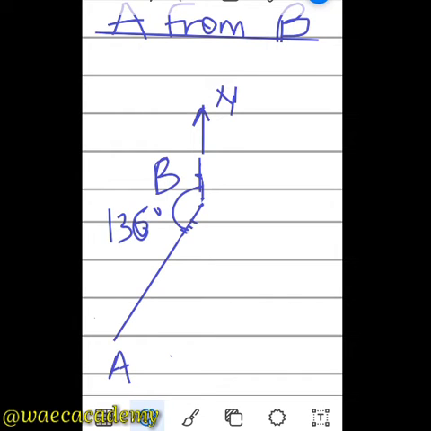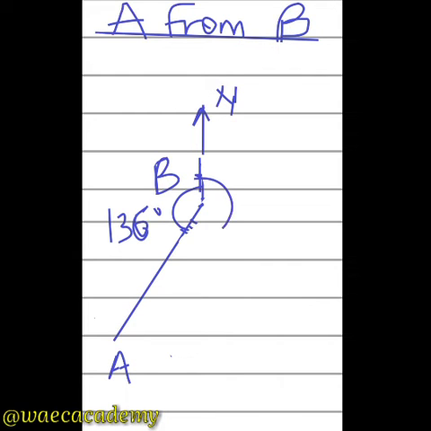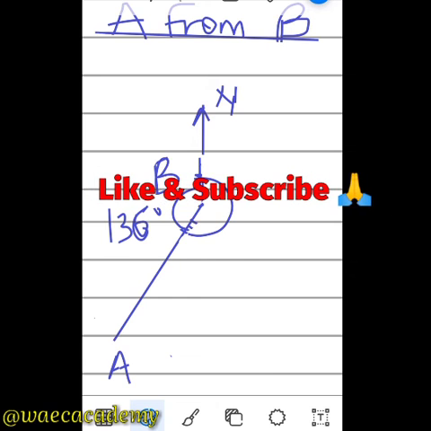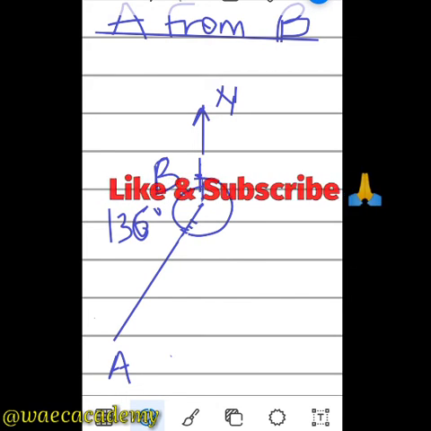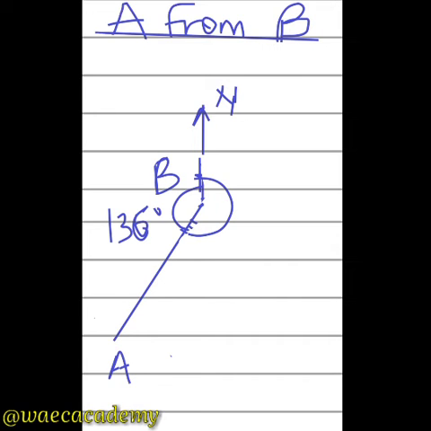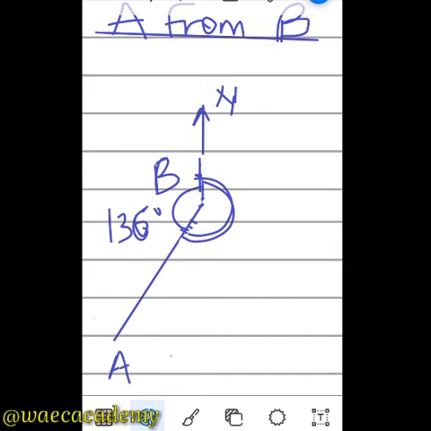We have to find the angle on this side in the clockwise direction, which is going to be the angle for the bearing. Because they've given you this on this side, 136 degrees, but it is not starting from north in a clockwise direction. It is starting from north in an anti-clockwise direction. So it cannot be the bearing. So we have to find the angle starting from north in a clockwise direction to get the bearing over here.